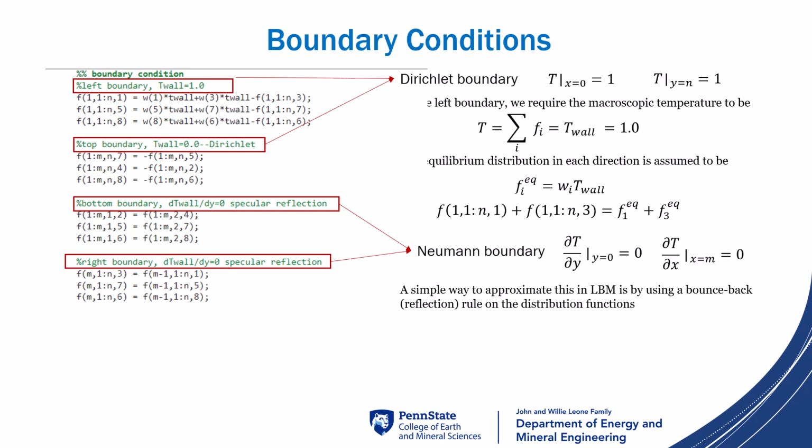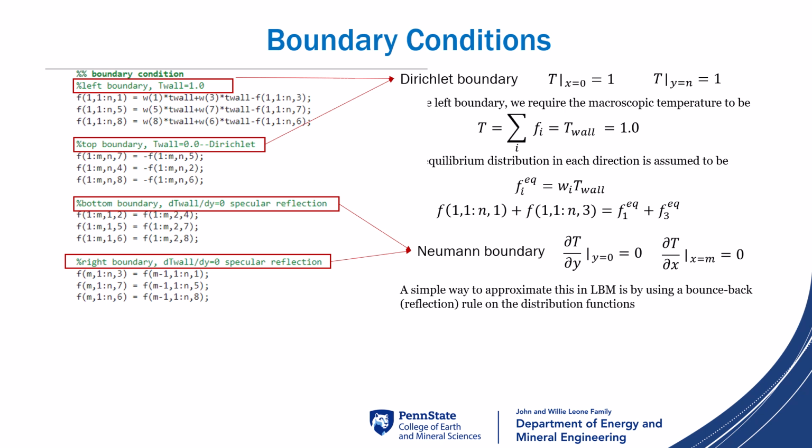For example, we say that the incoming distribution in direction 1 at the left edge is equal to the weight for the direction times the wall temperature plus the weight for direction 3 times the wall temperature minus the outgoing distribution in direction 3. This combination ensures that the macroscopic temperature at the boundary remains fixed at 1.